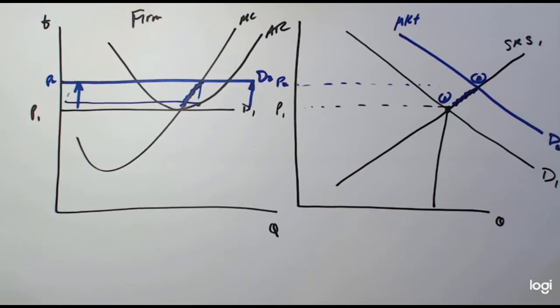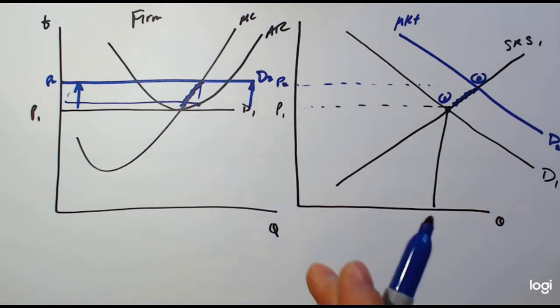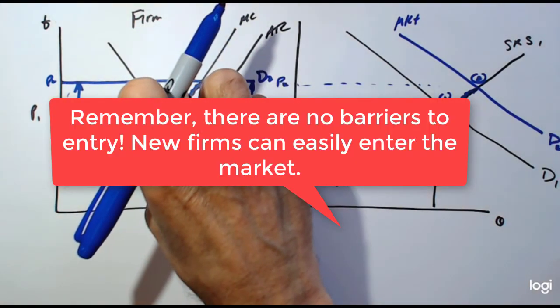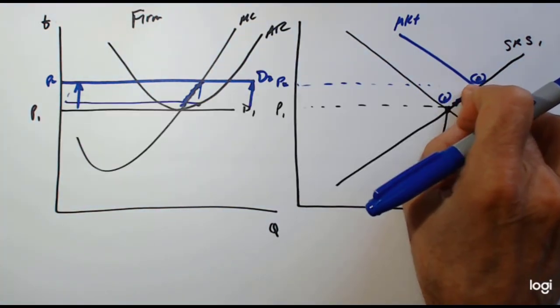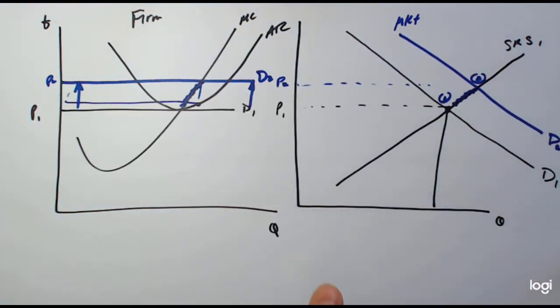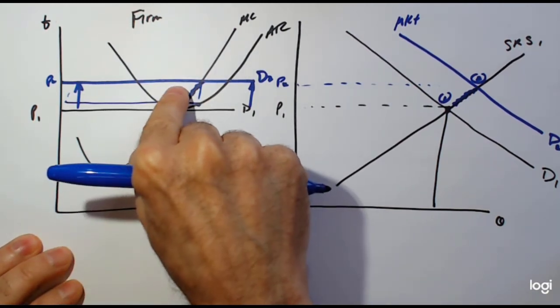And what do you think is going to happen when a firm in a perfectly competitive market starts to show profits? Well, it's going to attract other firms. Other firms are going to come into the market, and they're going to want to steal these profits. They see the price going up in the market, and that's a signal to them that they should go into the market to grab these profits.